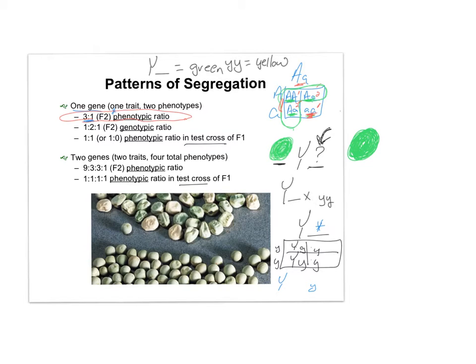So again, let's say little r is wrinkled, and big R, little r is smooth. So if we cross this green pea, we know it's green, so it's big Y, and then we don't know what the other one is, and we know it's smooth, so it's definitely a big R, and it has, again, an unknown. I shouldn't have put the cross there. That's so silly.